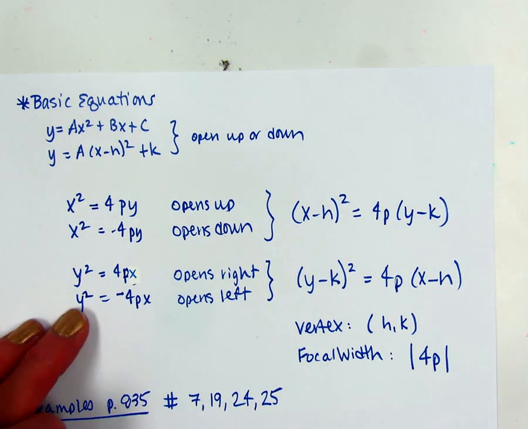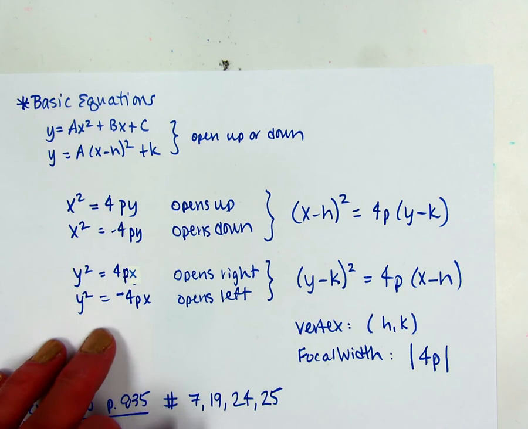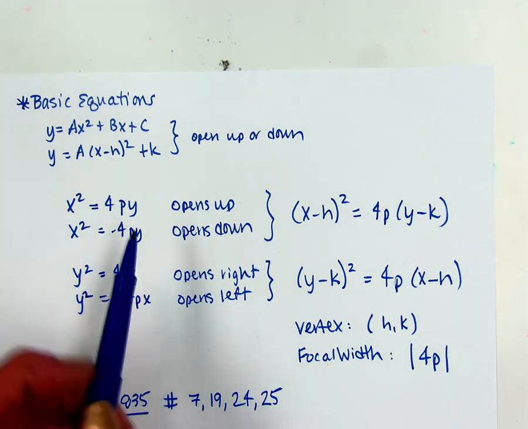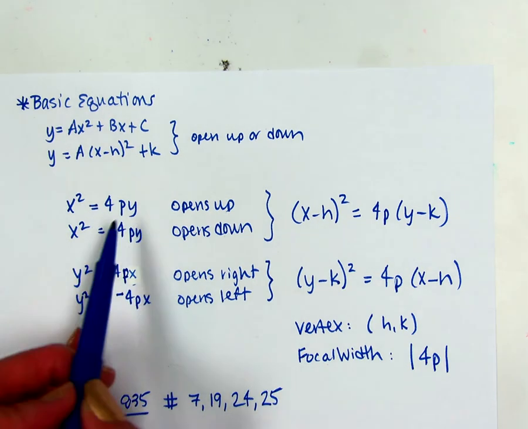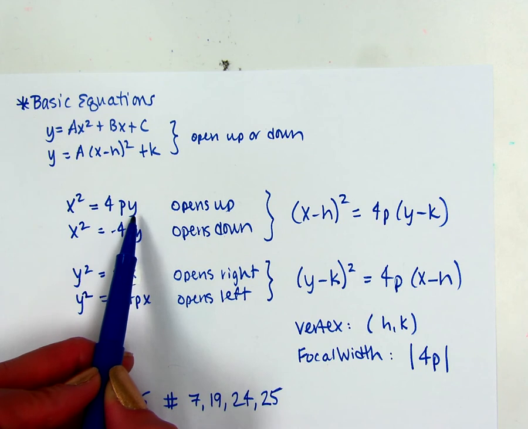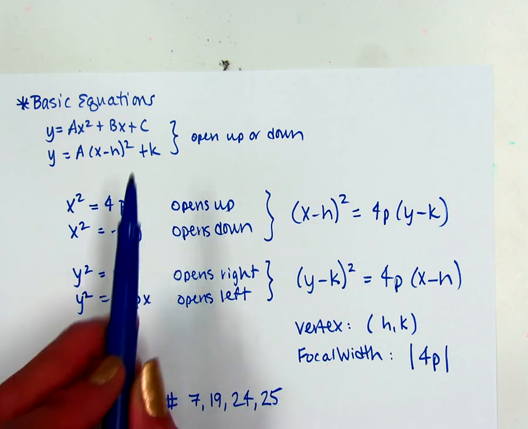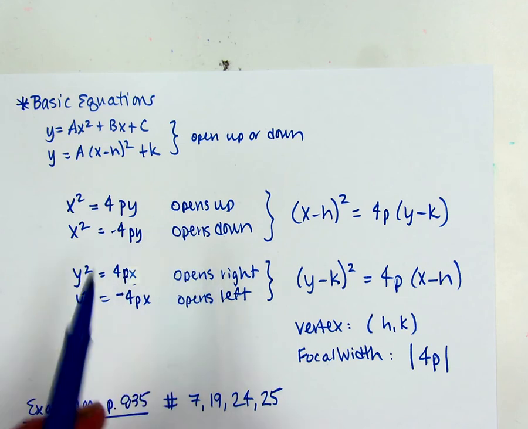If it's solved for y squared, so if the y term is squared but the x term is not, then these will be parabolas that open either right or left. So the easy way to look at it is this variable tells you which direction it opens. So if it's positive, then it goes to the positive y. So if you think of your positive y-axis, it'll open up. This is negative, it goes to the negative y-axis, so that would go down.